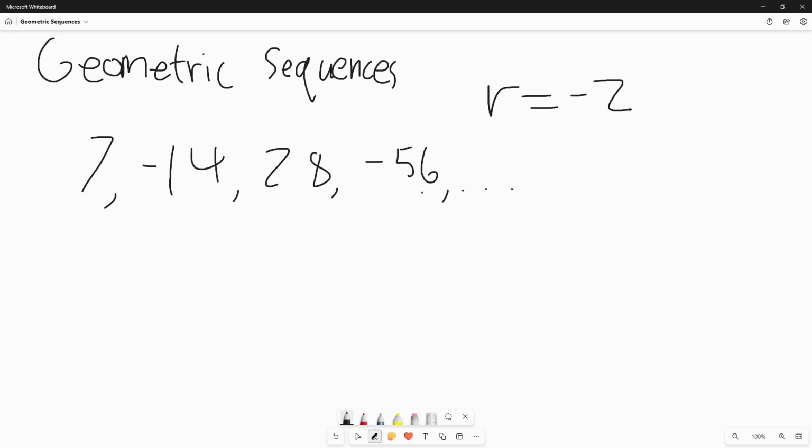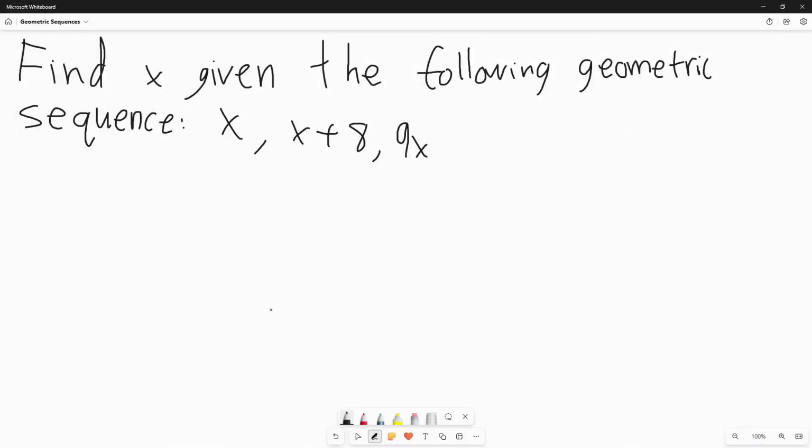This keeps going on forever, and each time you go up a term, it goes from positive to negative. This is not something that happens in arithmetic sequences, only in geometric sequences.